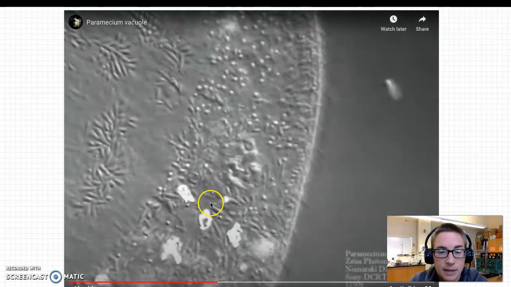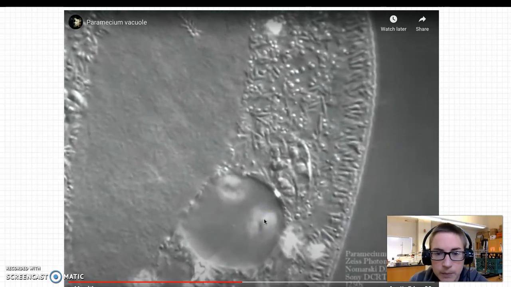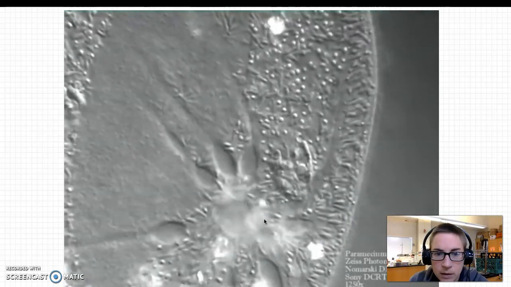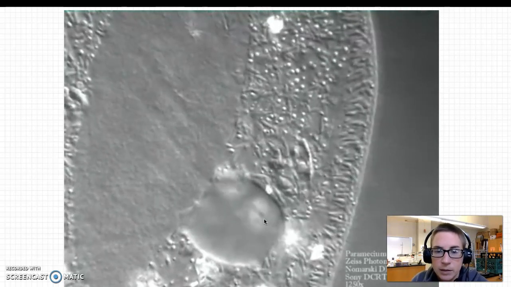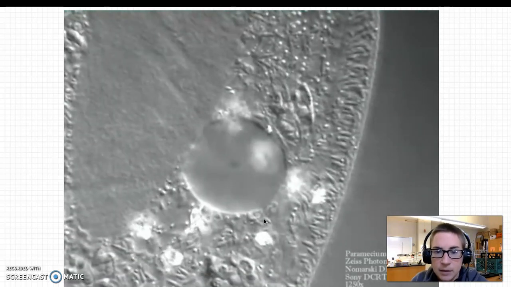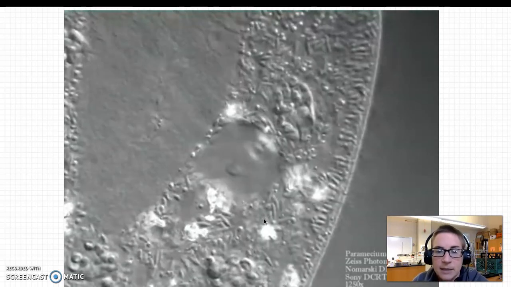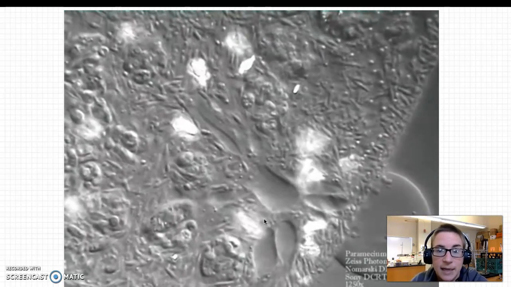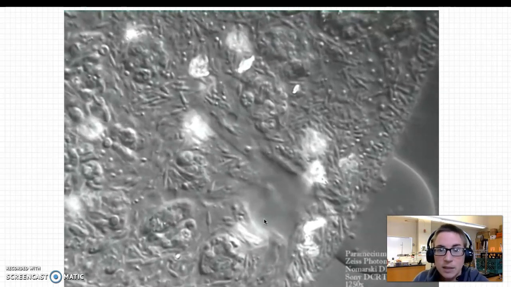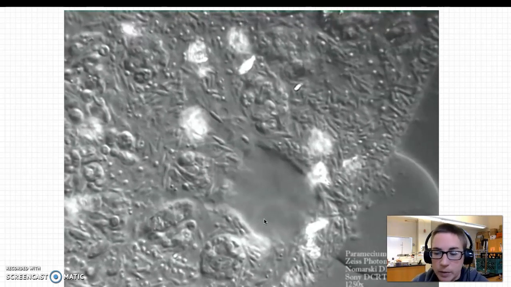So the adaptation that they have, here it is again. It's having trouble focusing the microscope. Is this contractile vacuole. So it fills up with water, and then, there we go, squeezes out that excess water. And that's how the paramecium maintains homeostasis, because any excess water gets pumped out. So it keeps the amount of water inside the cell at a constant level so that it doesn't swell up and burst.